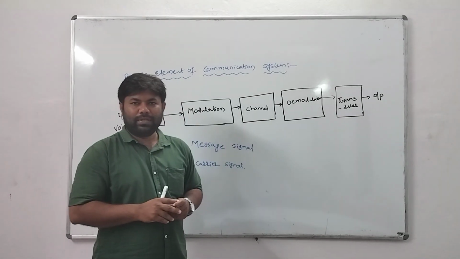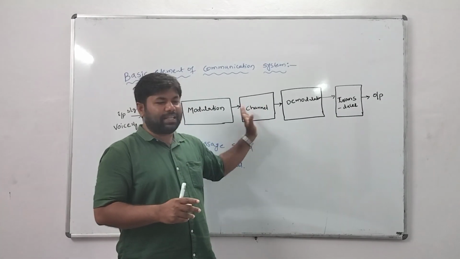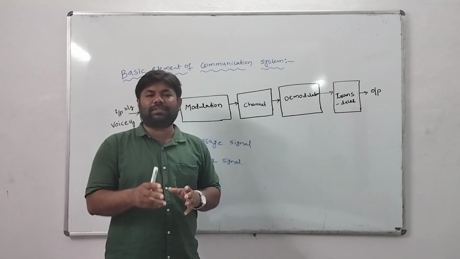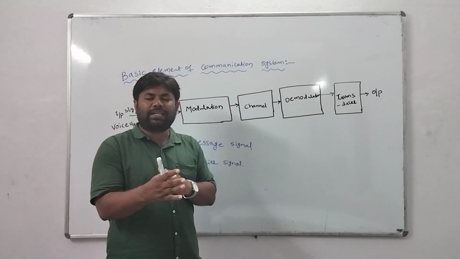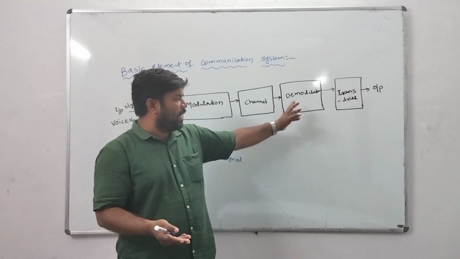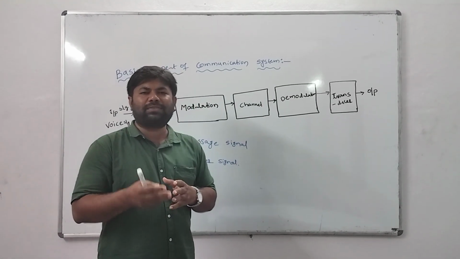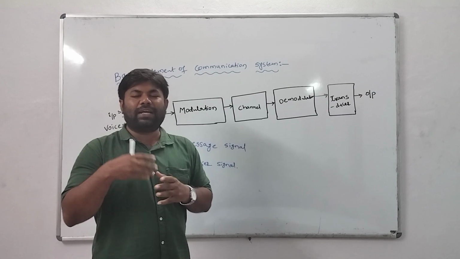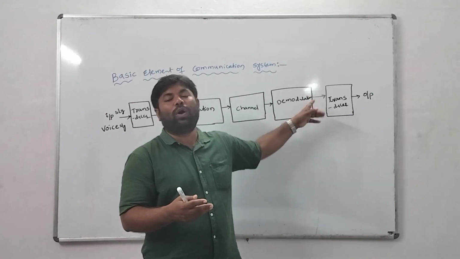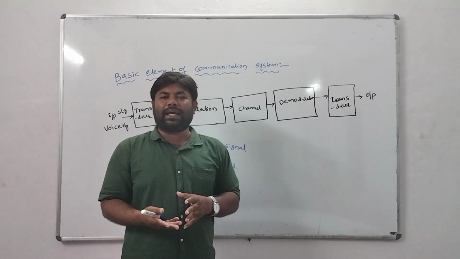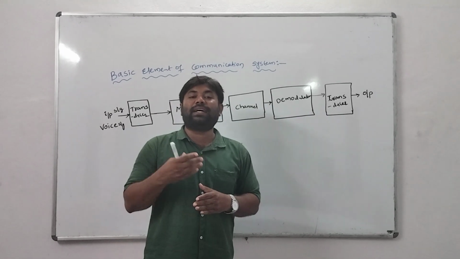So in the modulation process the analog signal is converted into a digital signal, and in the demodulation process the original signal is recovered. That means the analog signal is the output, and that analog signal is an electrical signal.